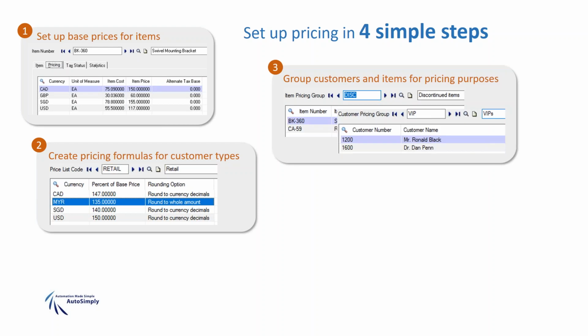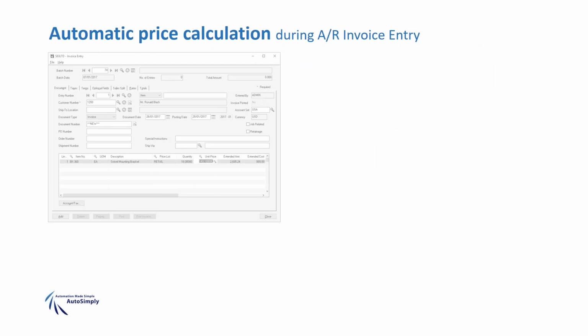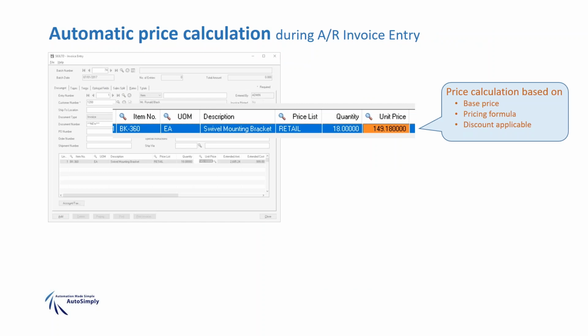And then the third step would be the same as OE pricing, grouping customers, grouping items, and then the last step would be setting up the volume discounts. And then for the user, again, they would be using the regular AR invoice entry screen to enter invoices, no special screen they need to run.